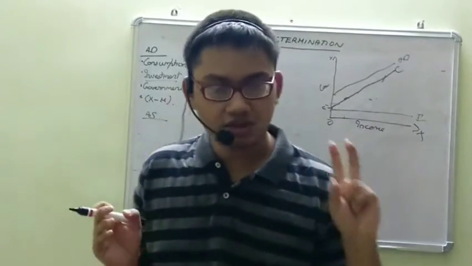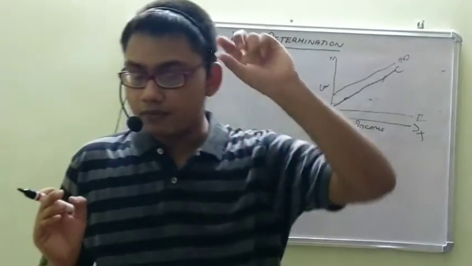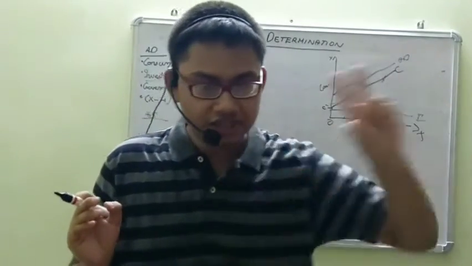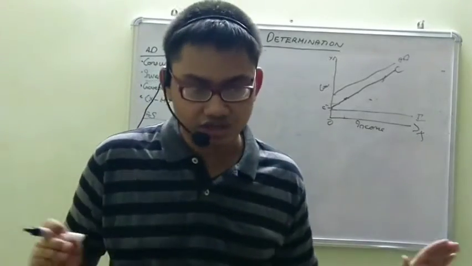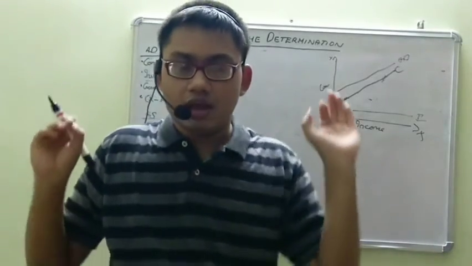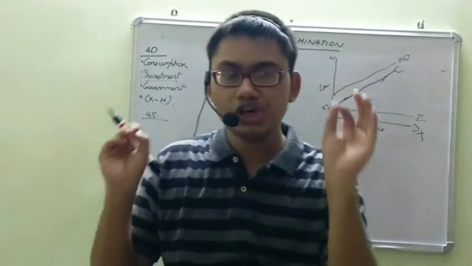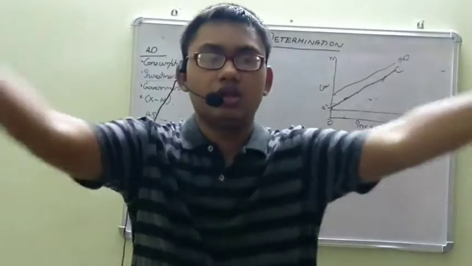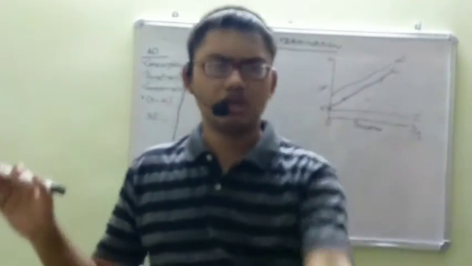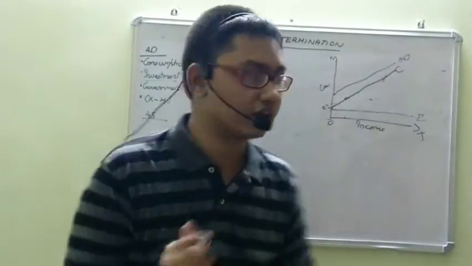We studied this in the circular flow of income: production phase, income phase, expenditure phase. All will be equal if there are no injections and leakages. Therefore, total production will always be equal to national income. Whatever the level of national income, that will be the level of production.